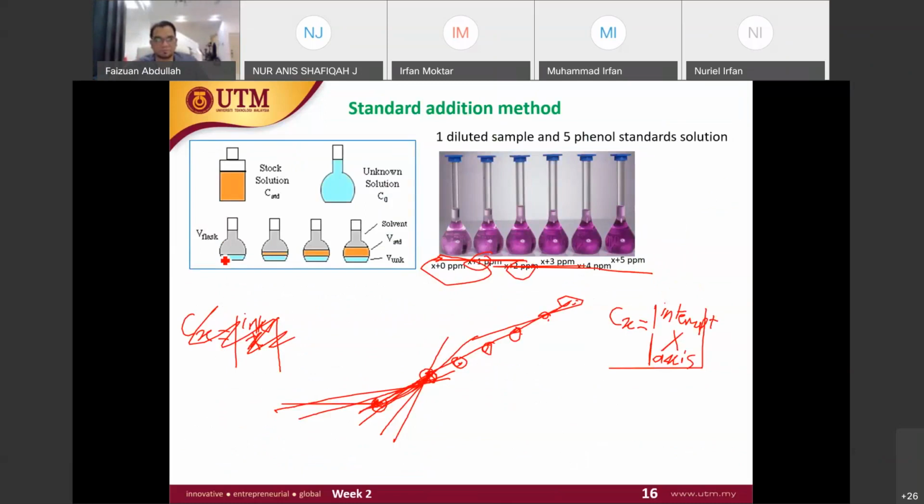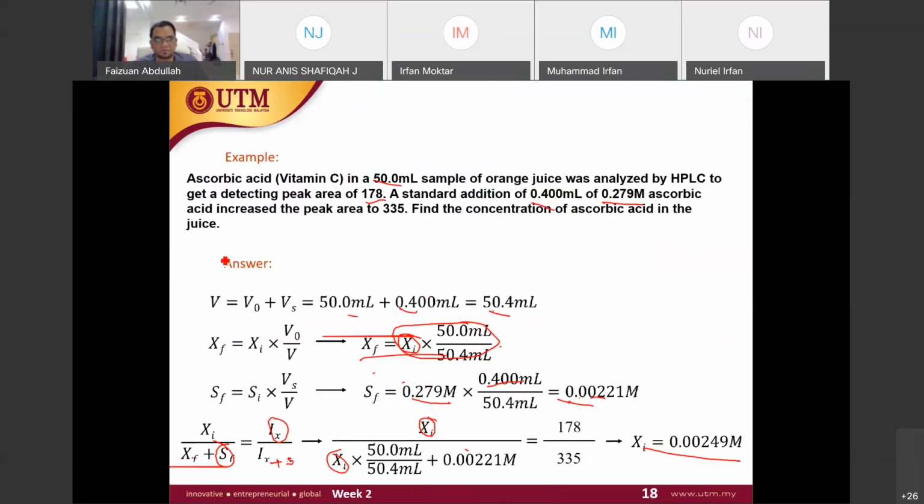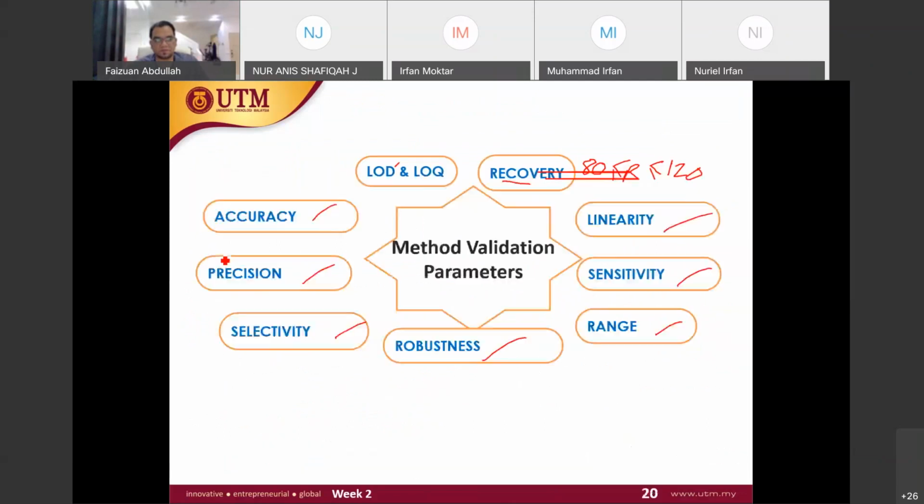And then for method validation, normally we have recovery questions.